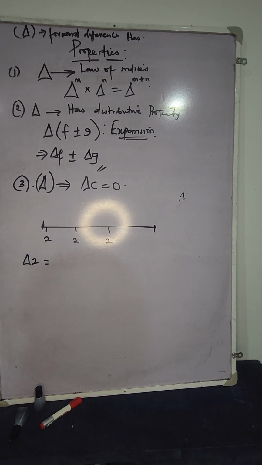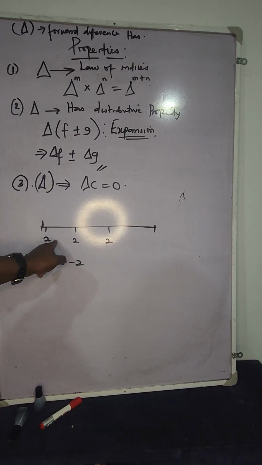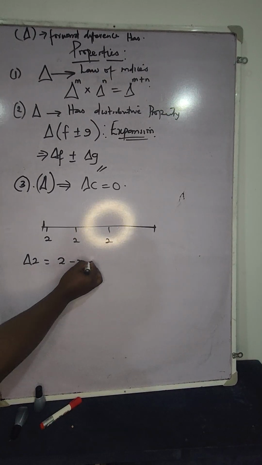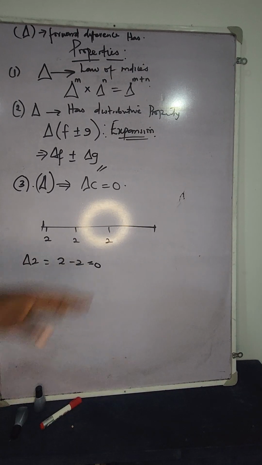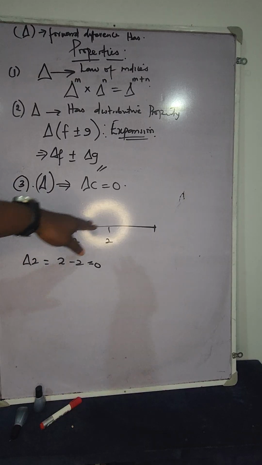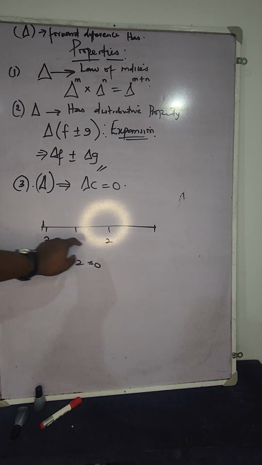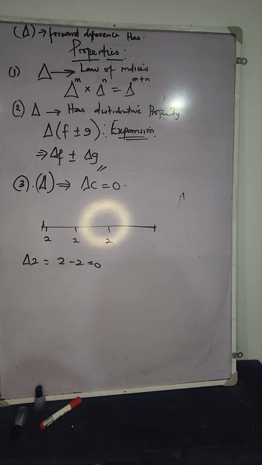The forward difference of 2 will be 2 minus 2. Don't forget, where we are going to minus where we are coming from. So 2 minus 2, which will be what? 0. So we are saying that on the number line, if you have 0, 0, 0, 0, the forward difference will be 0.